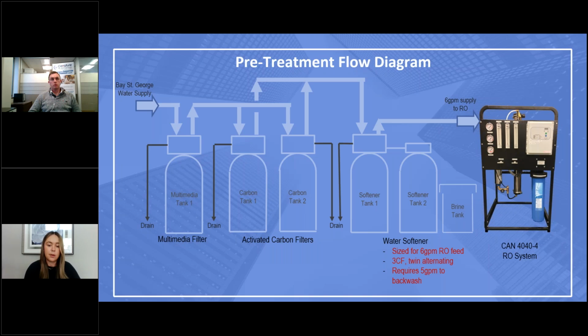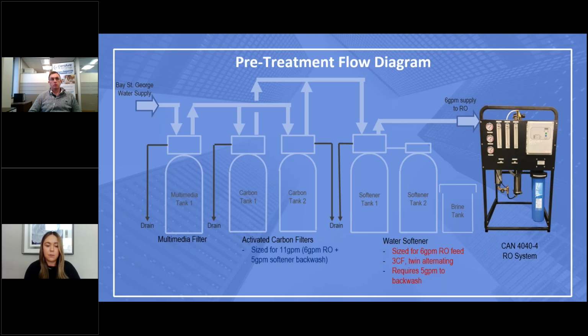This softener requires 5 gallons a minute to backwash. And if you're familiar with twin alternating, these will regenerate at any time of the day. As soon as they run out of capacity, no matter what time it is, they're going to do a regeneration. So that we have to take into consideration when we're sizing our upstream filters.